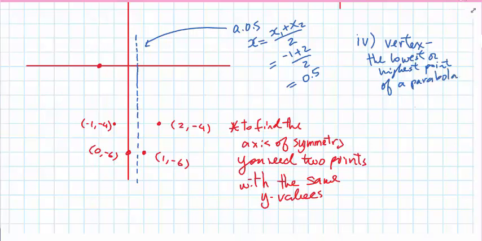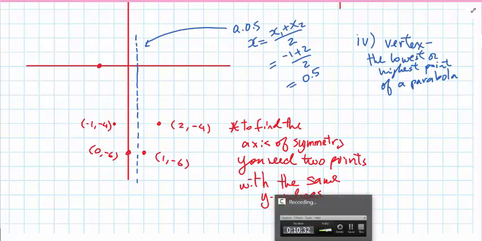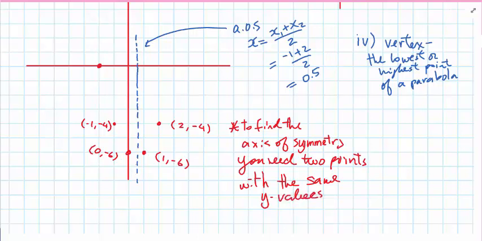So let me ask you this. In this parabola, is the vertex going to be a maximum point or a minimum point? It's going to be a minimum point. The vertex is going to be somewhere where? Right here. Okay, so the vertex is going to be somewhere around here.